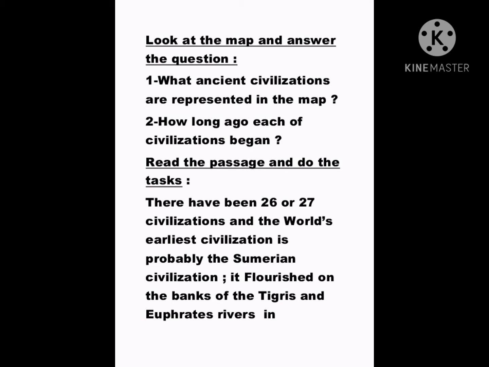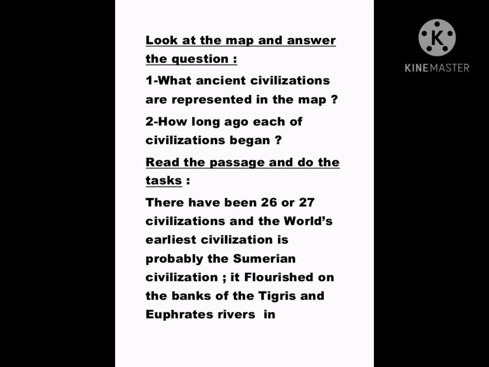The passage is taken from a script from the unit Exploring the Past: Ancient Civilizations from your book. There have been 26 or 27 civilizations, and the world's earliest civilization is probably the Sumerian civilization. It flourished on the banks of the Tigris and Euphrates rivers in Mesopotamia.